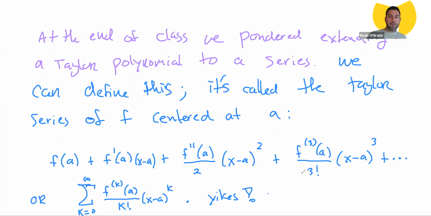It's a number. Why is it a number? It's the number that you get when you take the third derivative of f, plug in some number a, and then divide it by the number 6. And of course, over here, you might say, well, why didn't you divide here? Well, again, I didn't write factorial here because 2 factorial is 2. Maybe I should have. And maybe I should write divided by 1 factorial and divided by 0 factorial.